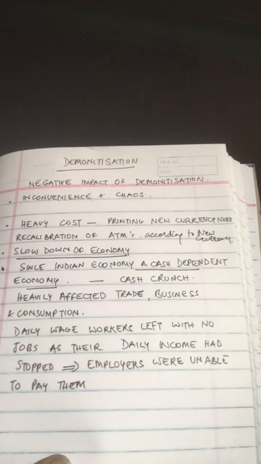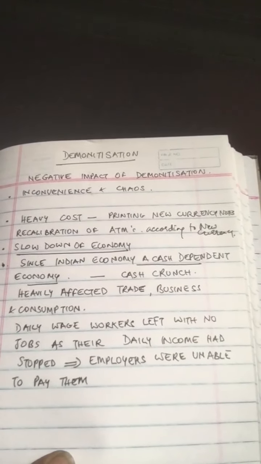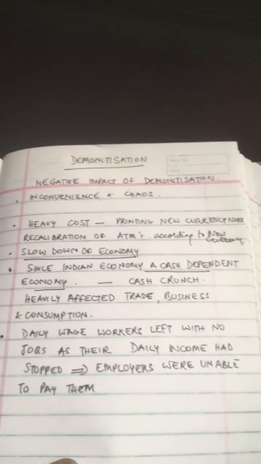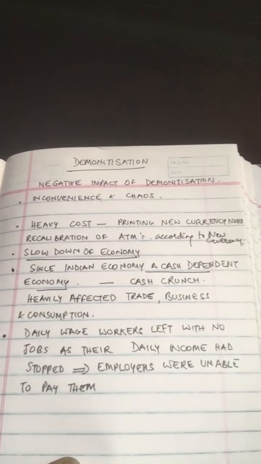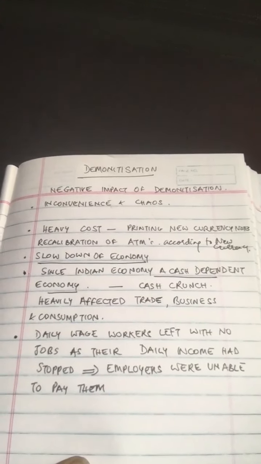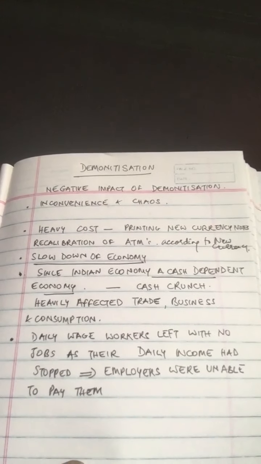They had to be adjusted according to the new currency notes that were printed. We had the new 2000 rupees note and a new 500 rupees note. So that also was a heavy cost as well as problems for the common masses.